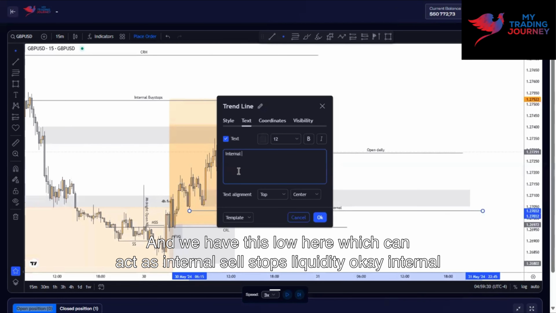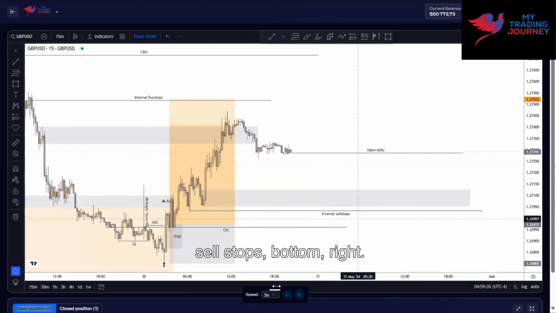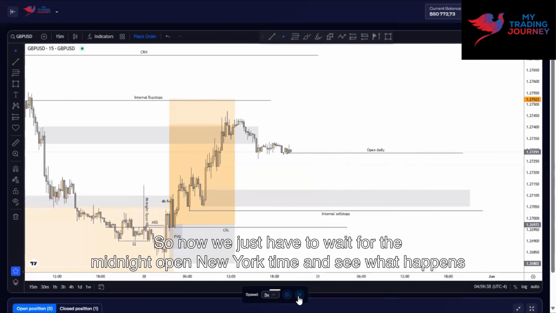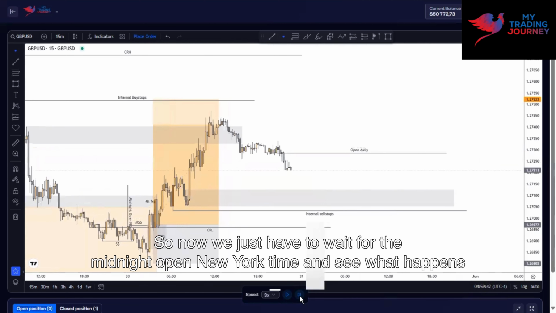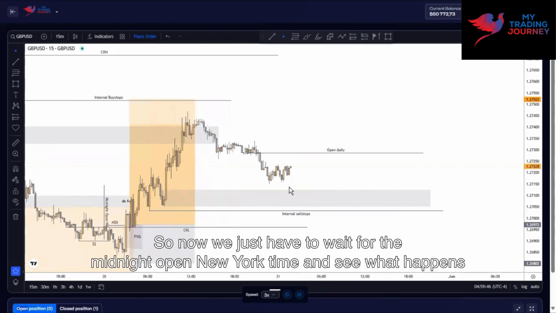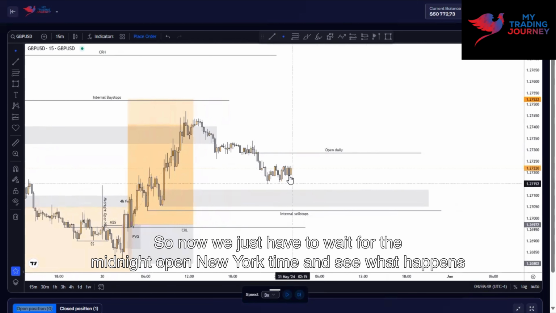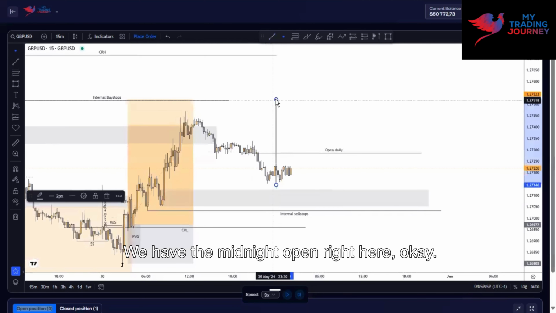Okay, internal sell stops, bottom, right? So now we just have to wait for the midnight open, New York time, and see what happens. Okay, now let's mark the midnight open. We have the midnight open right here.